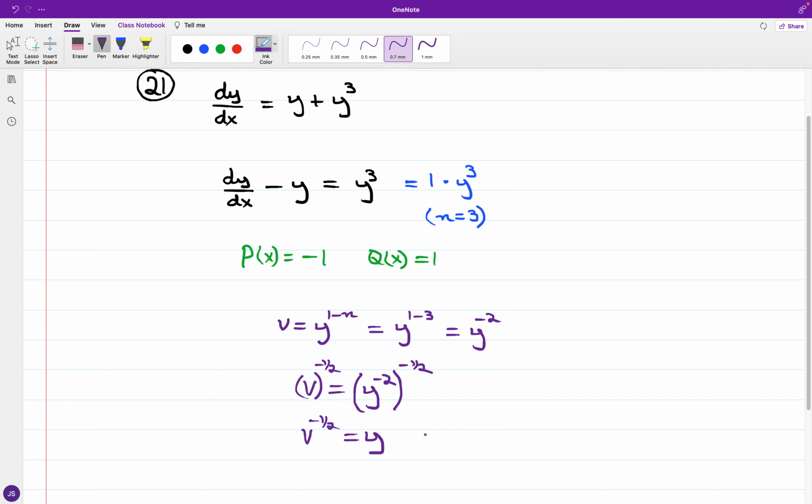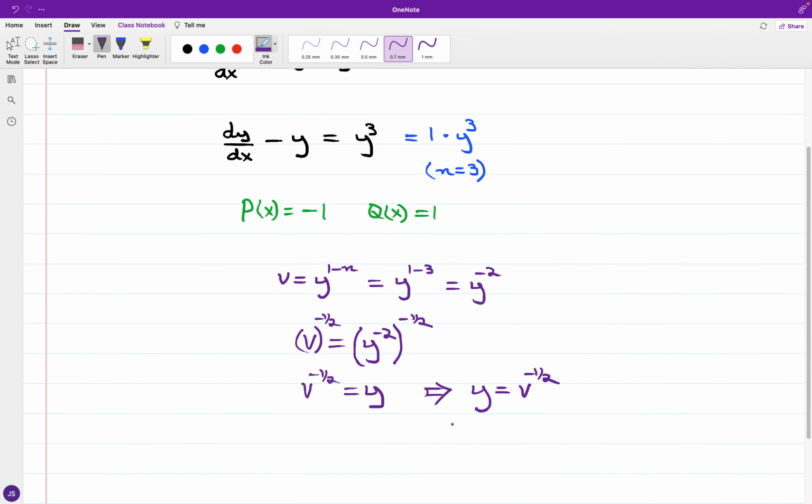Just setting the stage whereupon I can use v substitution, I have that y is equal to v to the -1/2, and taking the derivative with respect to x, I'm going to have dy over dx is equal to -1/2 of v to the -3/2 dv over dx.